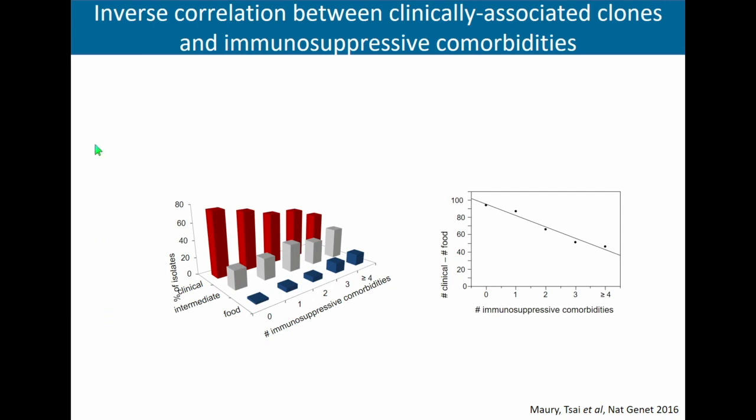So this uneven distribution and the following observation were important. Indeed, we showed that there is, it's a bit complicated, but actually fairly simple, an inverse correlation between the so-called clinically associated clones and the immunosuppressive comorbidities of the patients.